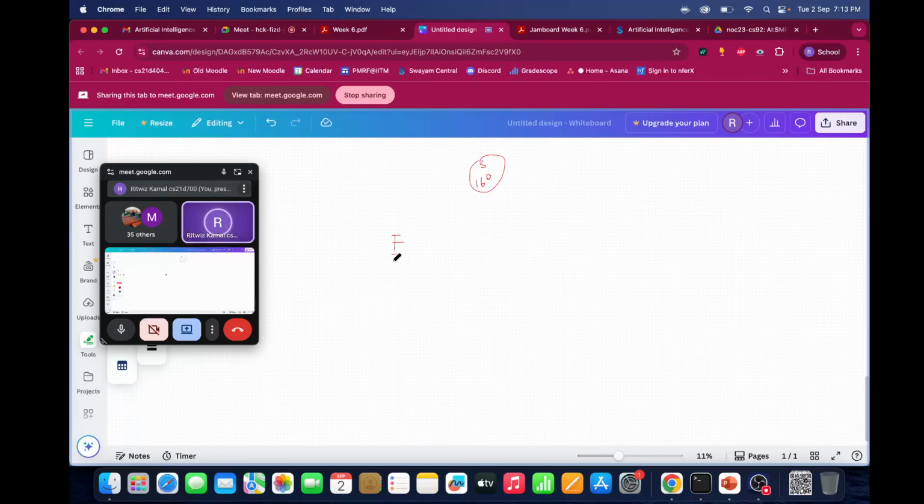E has heuristic value 170, J has 190, K has 120, and O also has 120, right? So here the two best looking nodes are K and O, right? Yes. So in level 2, we will only have these two children.